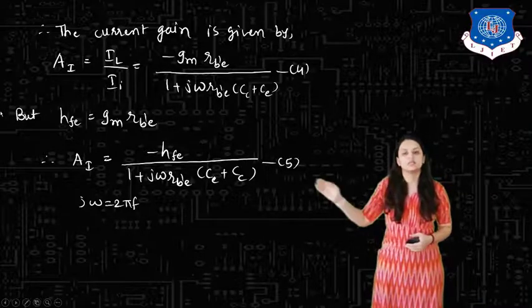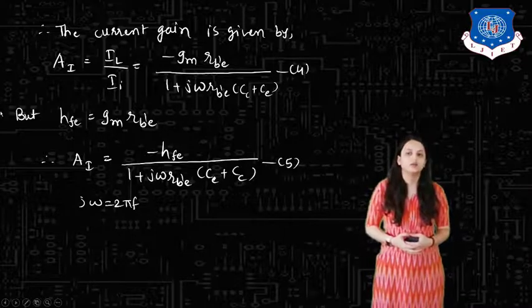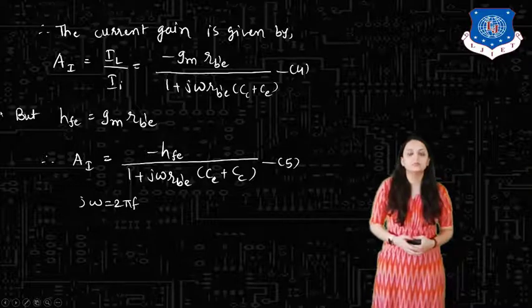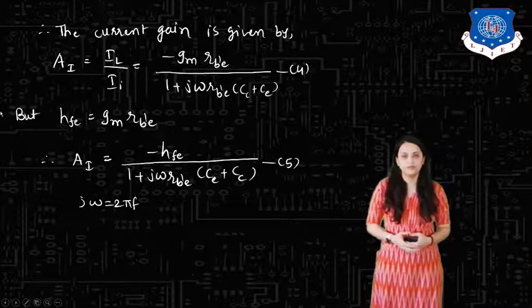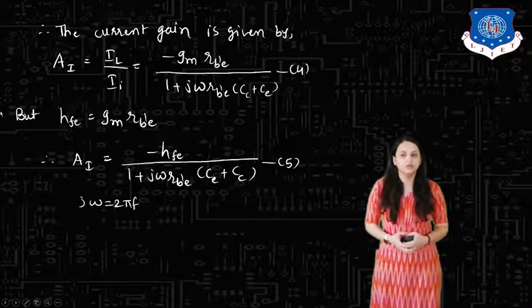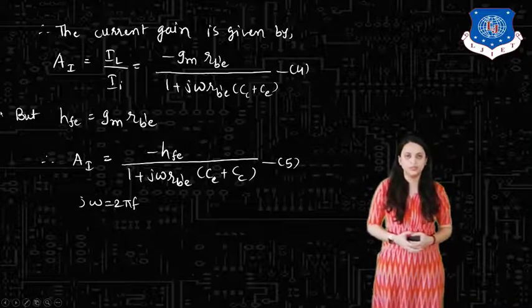Let us give this as equation number 5. Here the j omega term is there where omega equals 2 pi f. That means you can find out the value of frequency using omega equals 2 pi f as well. Okay, so this is the current gain value for this. Remember this formula, that is important.